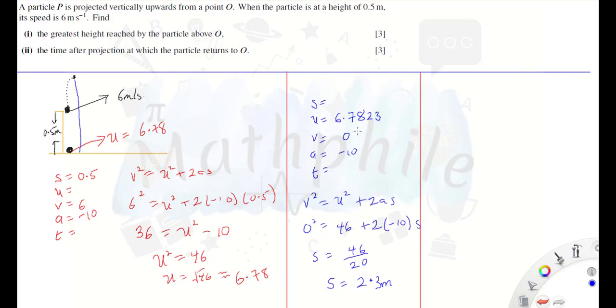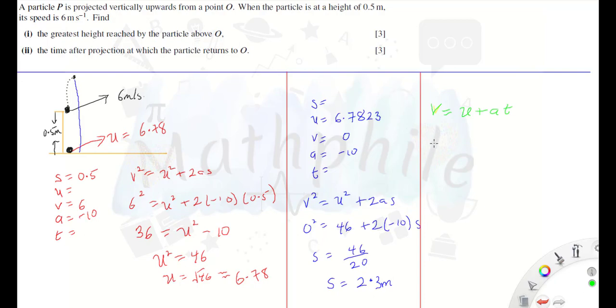So let's find the time for this part by using v equals u plus at. Let me use a different color. Can you see the white? The yellow. v is equal to u plus at.